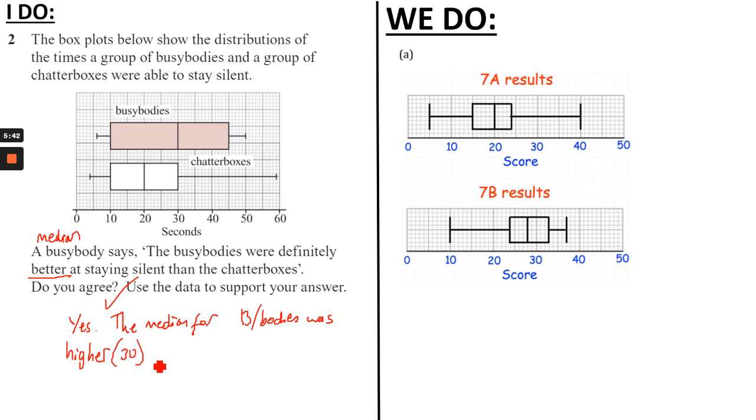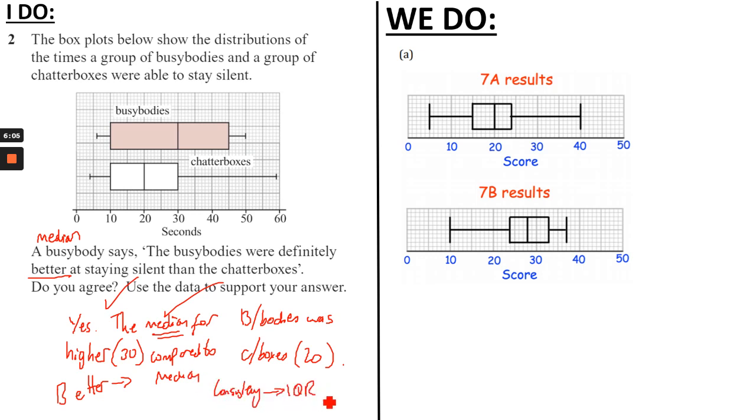It was higher, 30 compared to the chatterboxes, 20. So you're getting a mark for yes and backed up with the median. Because remember, better is looking at the median, consistency is looking at the interquartile range.